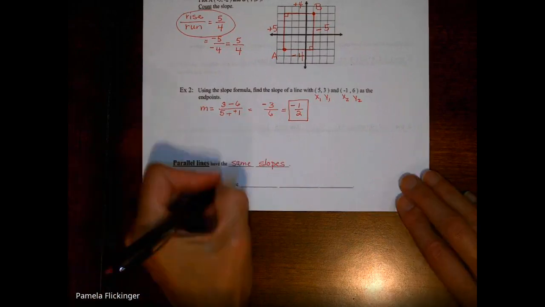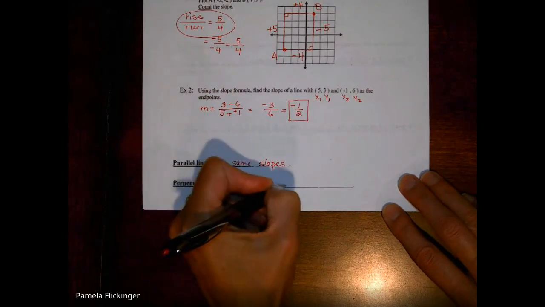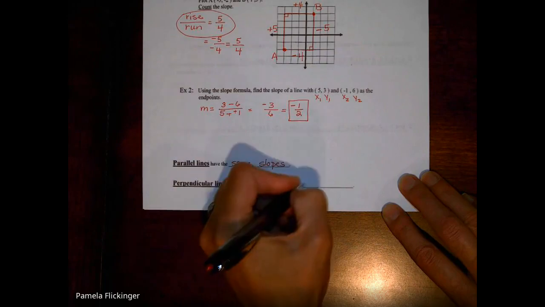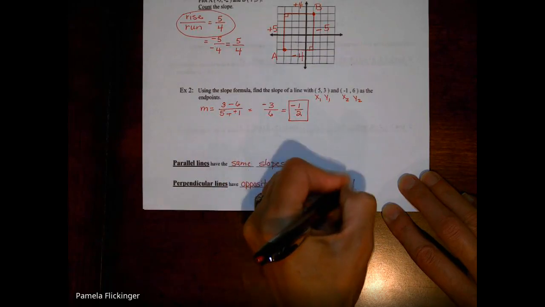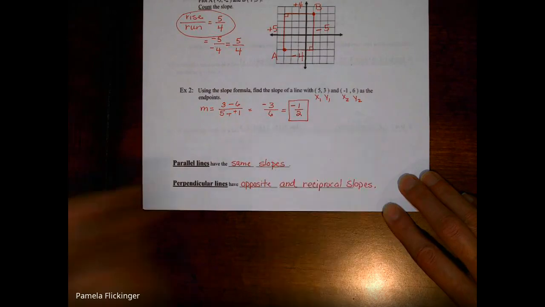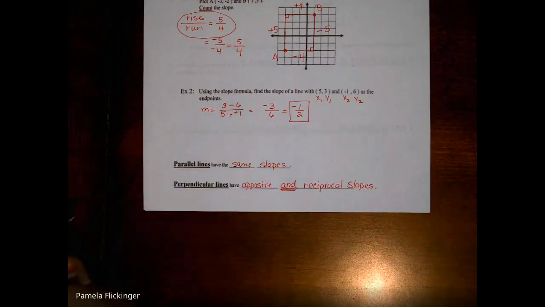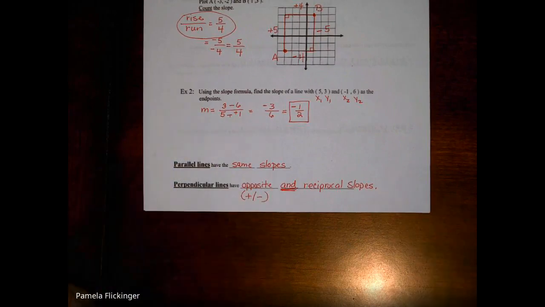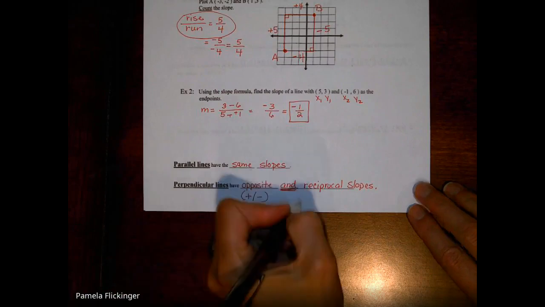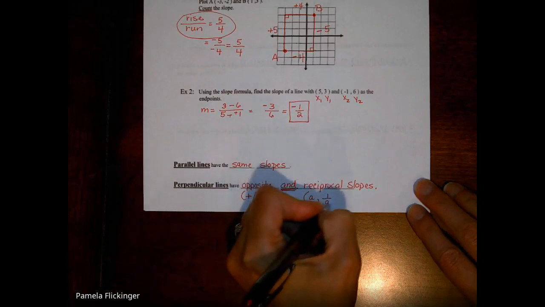Perpendicular lines have opposite and reciprocal slopes. Opposite and reciprocal. Opposite means one is positive, one is negative. Reciprocal, just to give you an example, if you had a slope of A, then the other one would be 1 over A.